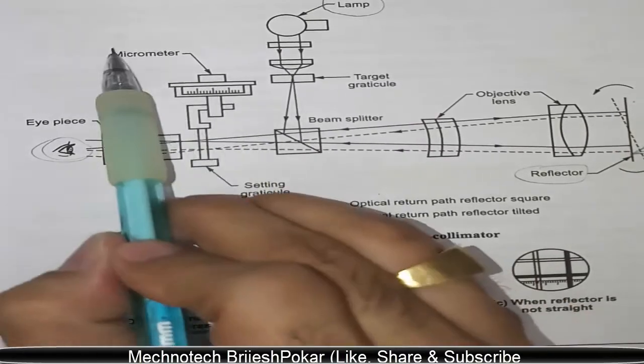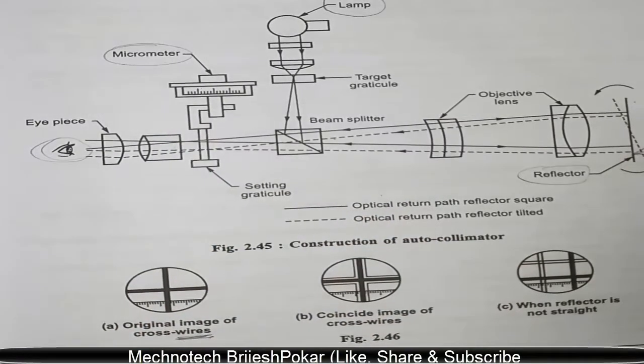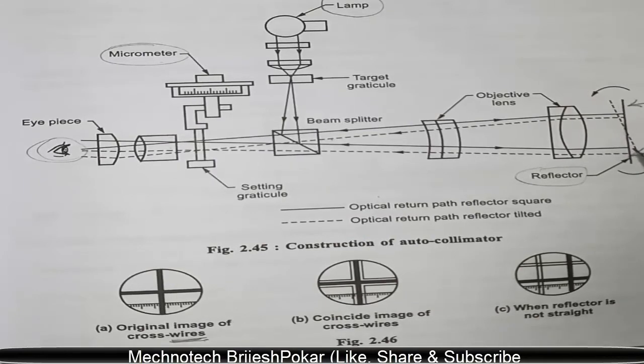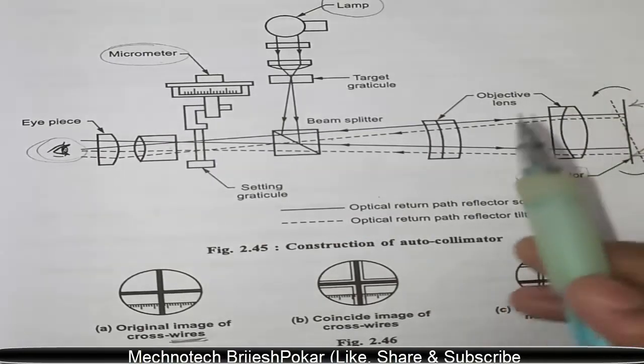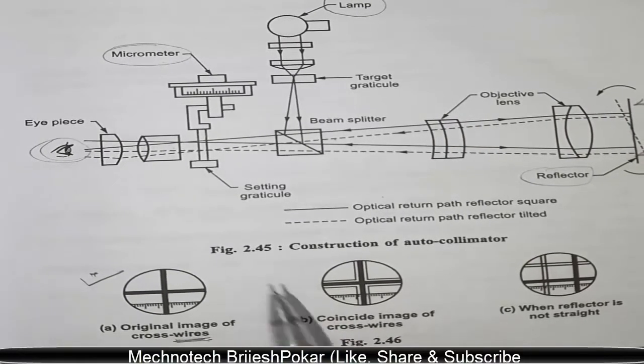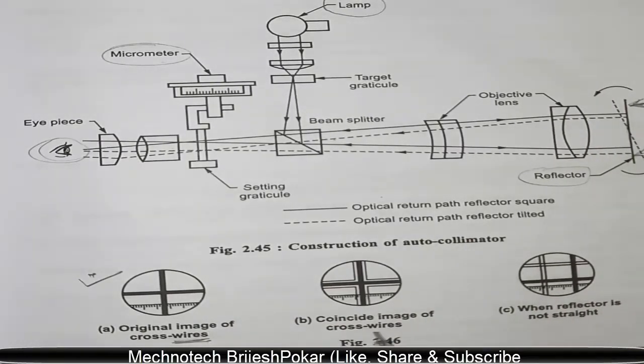Here you can see this is a micrometer, and if the reflector is at a perfect 90 degrees, then the reflector image coincides with the original image. This is the original image, and if it is perpendicular at 90 degrees, then the image of the cross wire coincides.